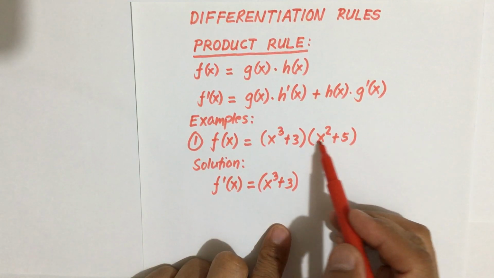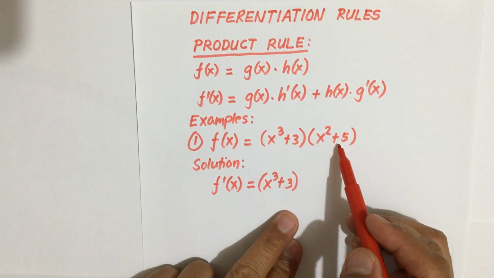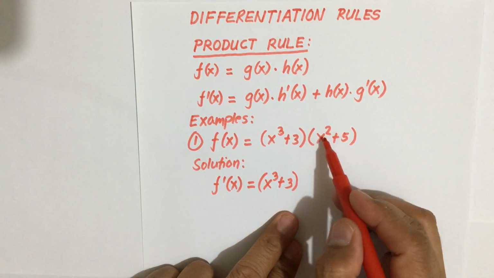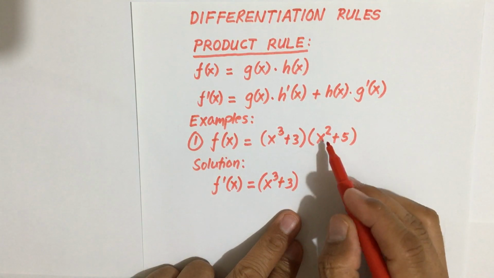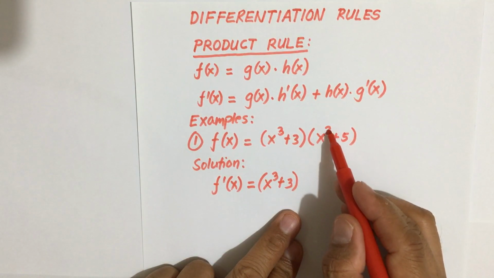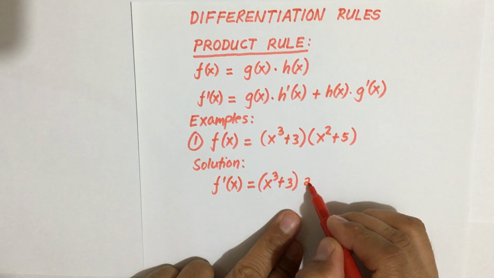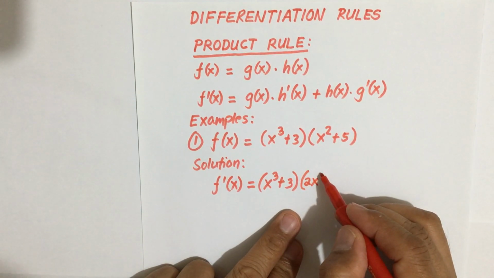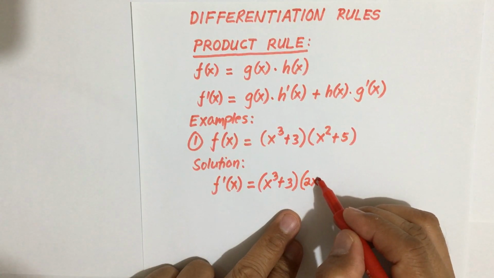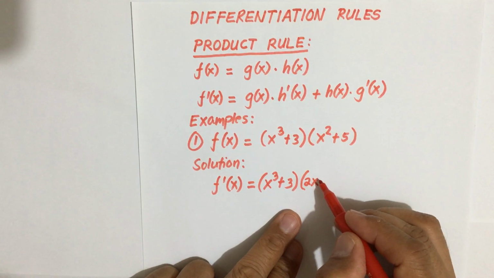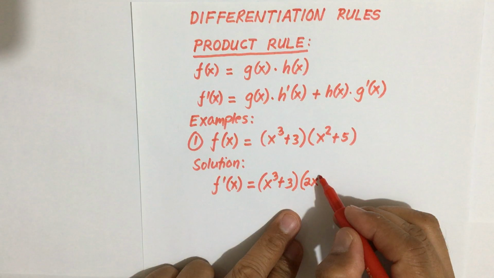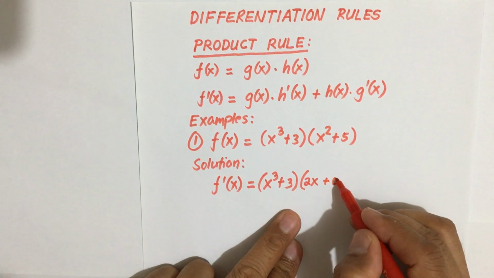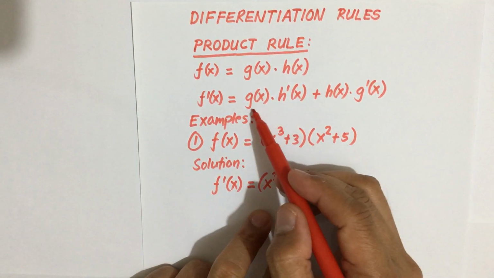For this one, we can apply the power and sum rule at the same time. Using the power rule, the derivative of x squared, we know that the power will go down, then multiplied by the base, which is x, then the exponent is 2 minus 1, but 2 minus 1 is 1. If the exponent is 1, no need to write that exponent. That is understood to be 1. Then plus the derivative of a constant is equal to 0. Okay, so we are already done for this part.